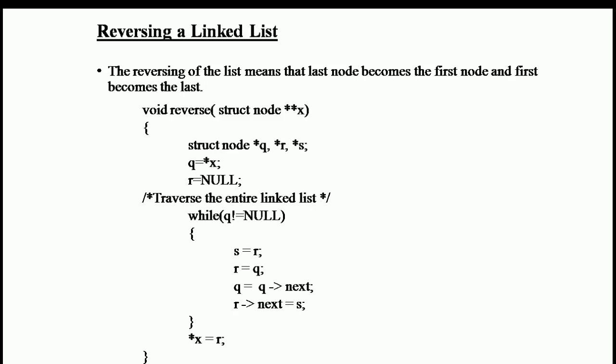In this case, while q not equal to null, curly braces, s is equal to r, r is equal to q. Again q is equal to q points to next, then r points to next equal to s. q points to next means r points to next, that is simple.